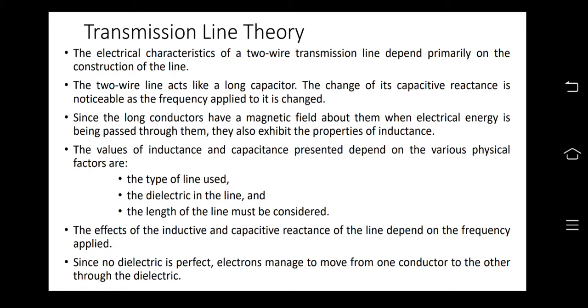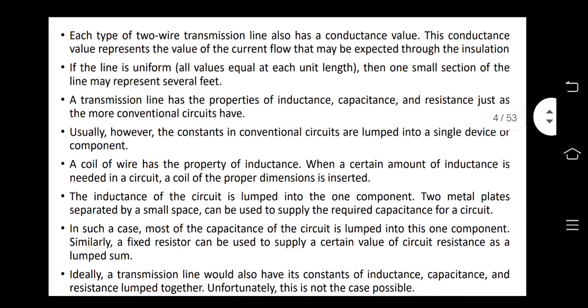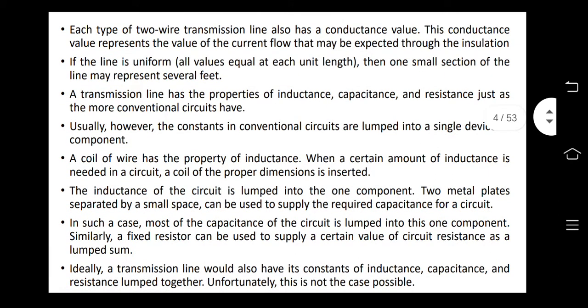Since no dielectric is perfect, electrons manage to move from one conductor to the other through the dielectric. Each type of two-wire transmission line also has a conductance value. This conductance value represents the value of current flow that may be expected through the insulation. If the line is uniform, then one small section of the line may represent several feet.